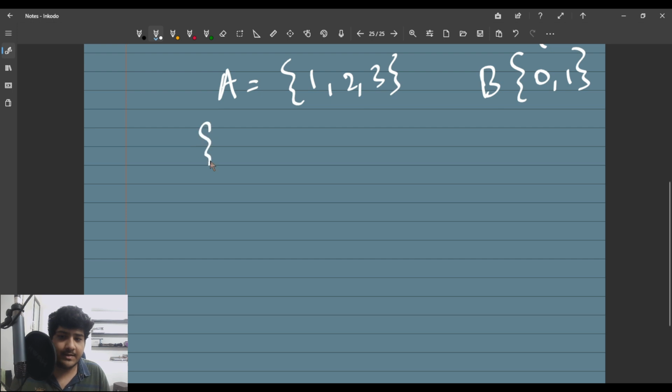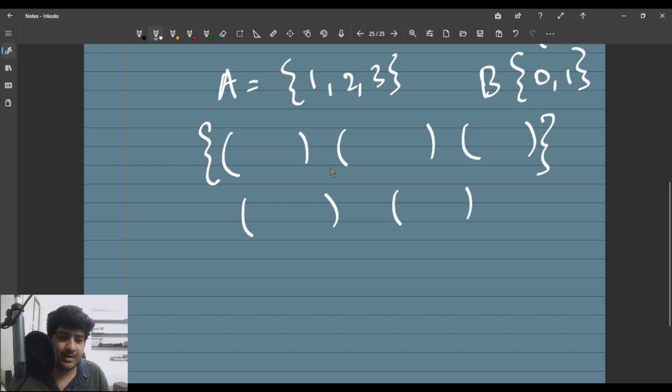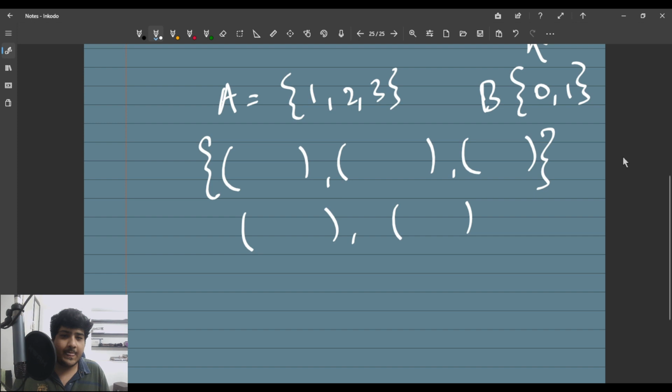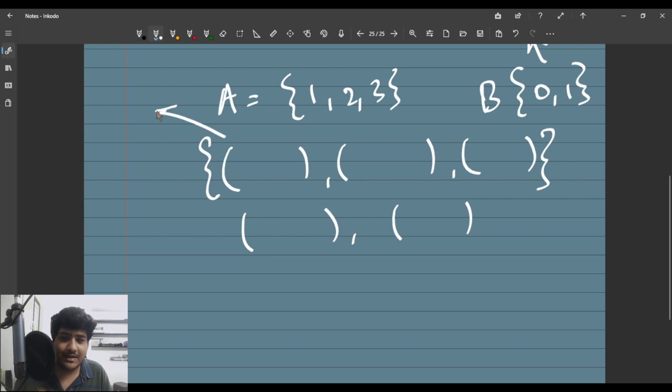This will be a big set in which I'll have ordered pairs as my elements, and I'll have a few ordered pairs. We'll see how many shortly, but an ordered pair is where the order matters in a pair. It's a two element bracket form. So this will be of the form A comma B. It's a two element bracket, and the order matters. So this is called an ordered pair.